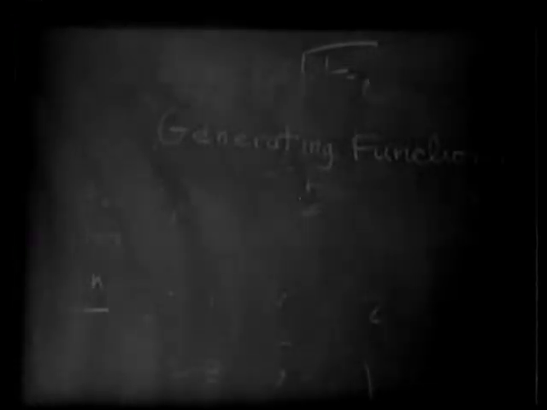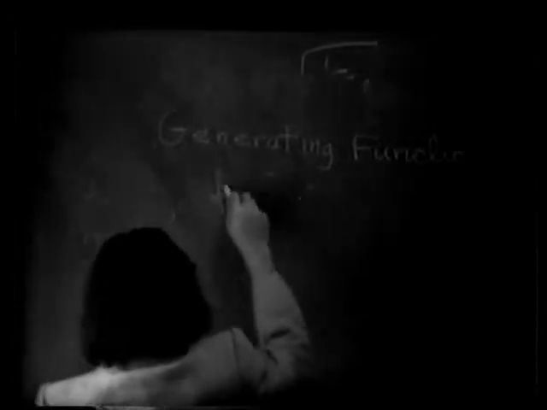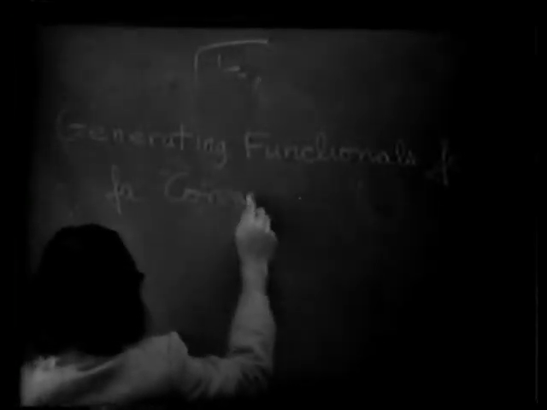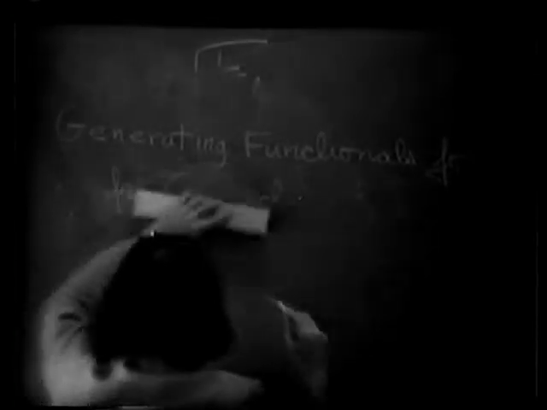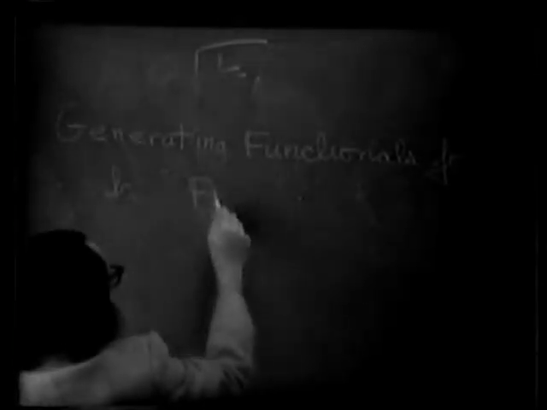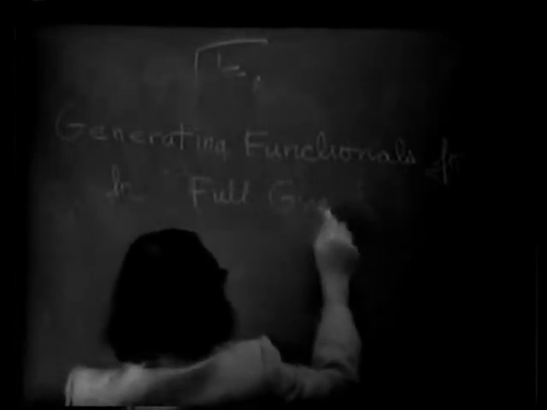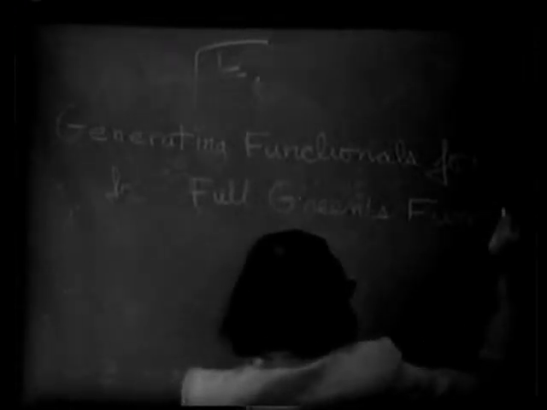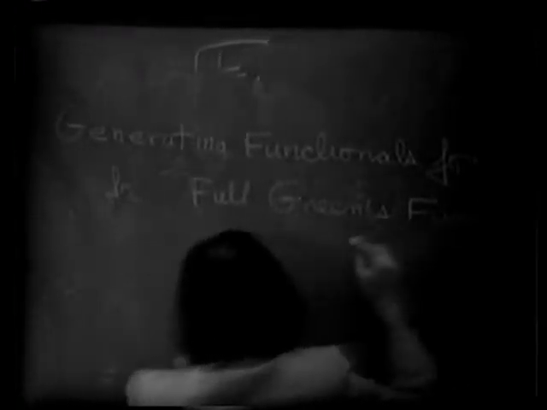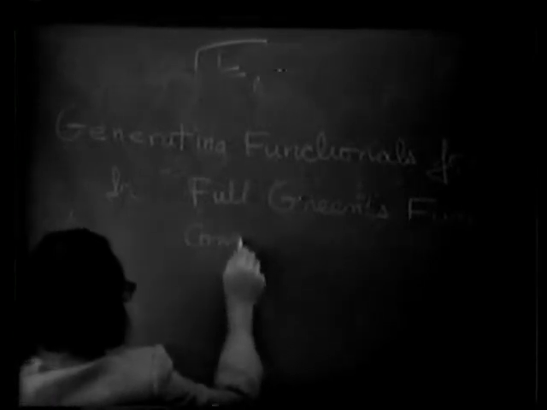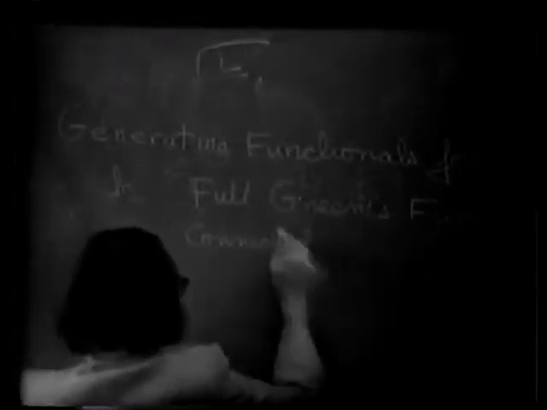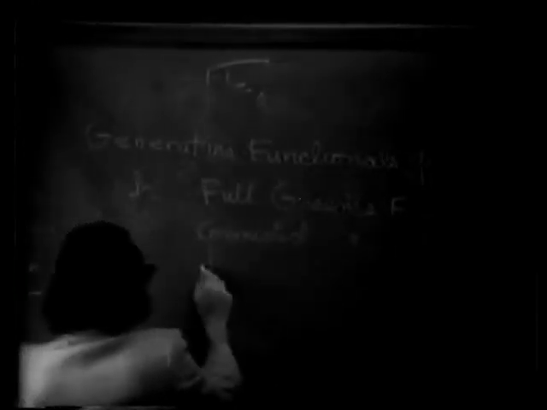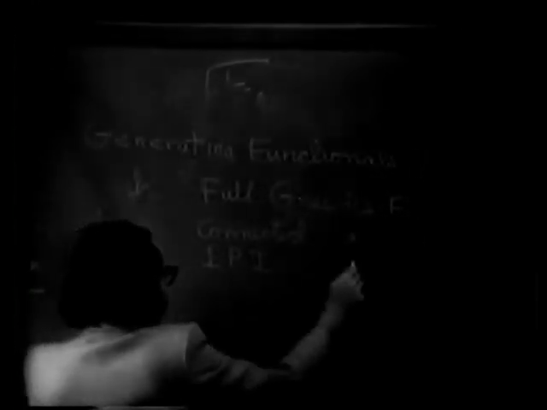For full Green's functions, that's our old friend Z of J, which we've talked about earlier. For connected Green's functions, and for one particle irreducible Green's functions.